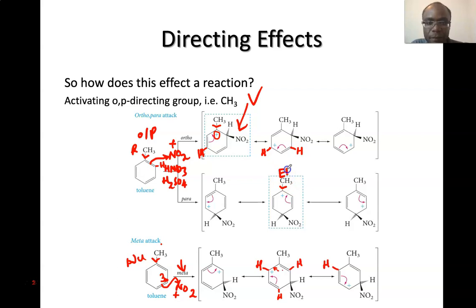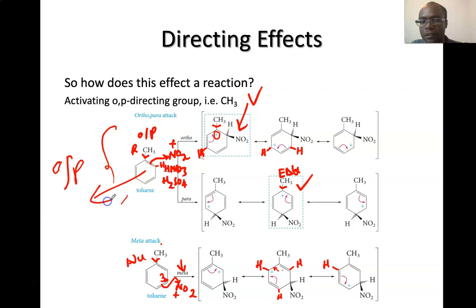What does an electron donating group do? It neutralizes the charge. If it's donating electrons, the plus charge is neutralized. Do you see any of that type of structure here? Nope. None of these plus signs is sharing a carbon with the electron donating group. And that's why the ortho para products will be the major.